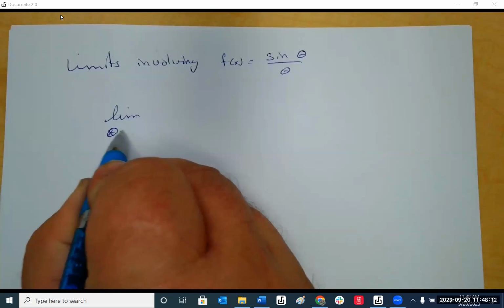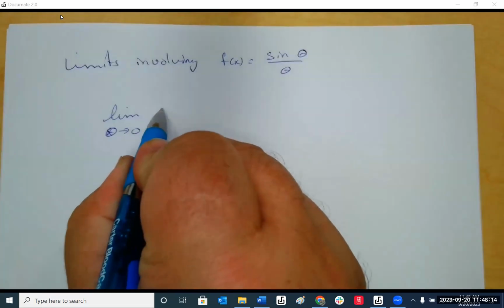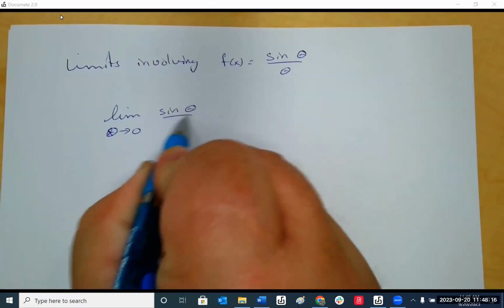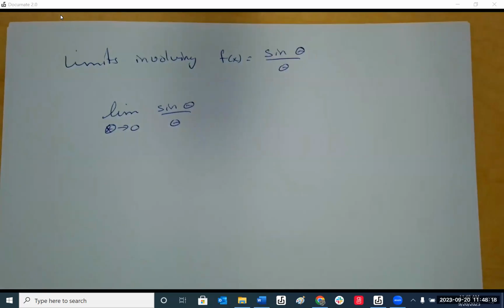As theta goes to 0, what is that going to approach? What do you think?